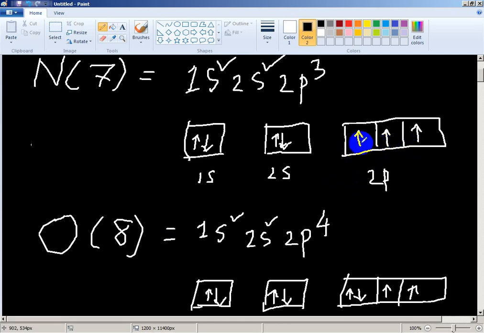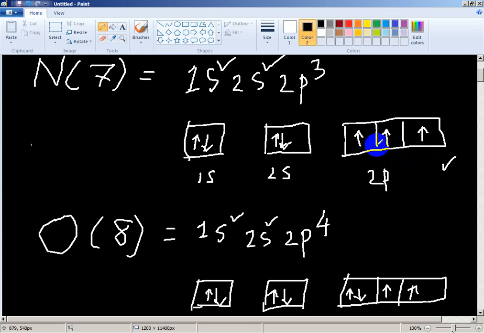If you write oxygen's 3 electrons this way, it will be wrong, because it is not the maximum number of single unpaired electrons. If you write one single electron in each orbital and then pair, and I write the 3 electrons this way, it will be correct.